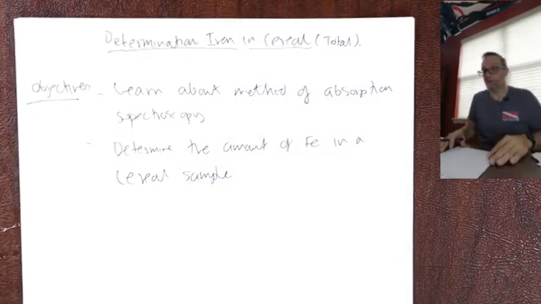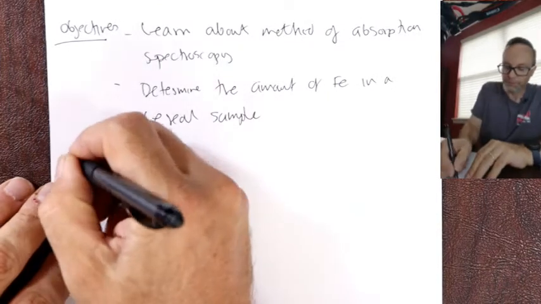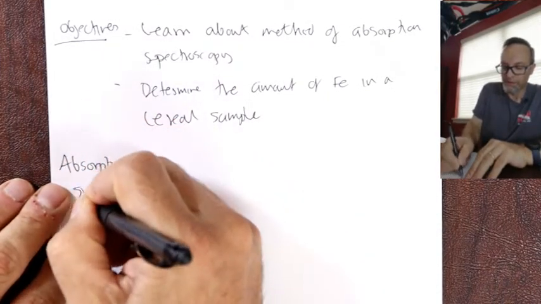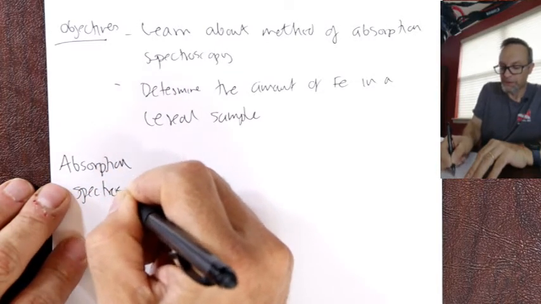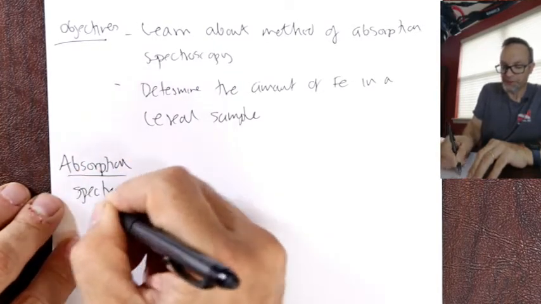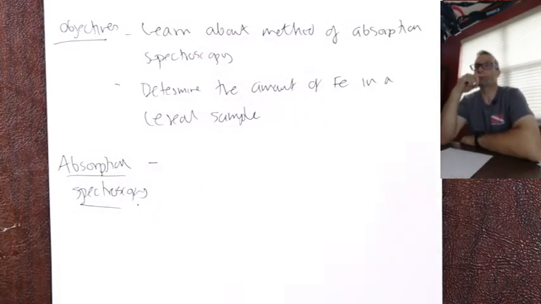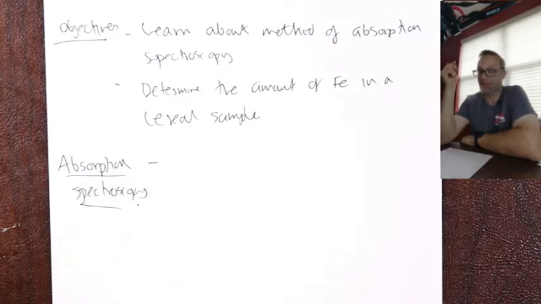Now a bit of background on absorption spectroscopy. It's a real simple concept. Some metal ions, complexes, molecules, absorb light of a certain color. Say an iron 2+ ion absorbs blue light.